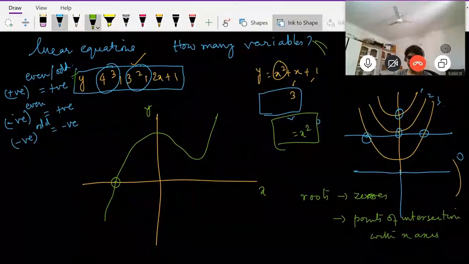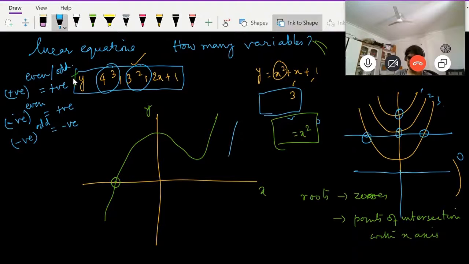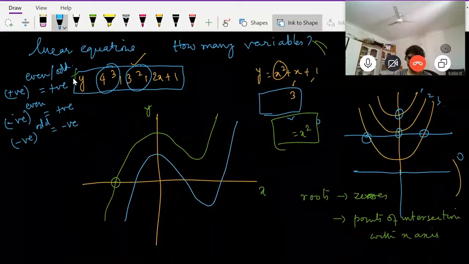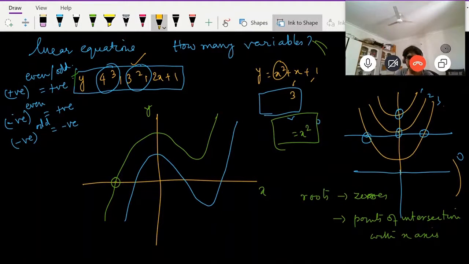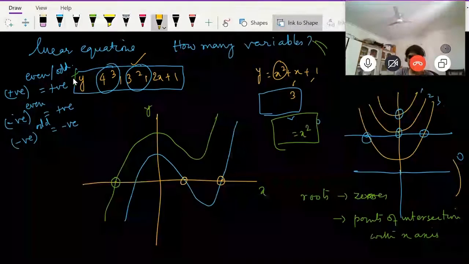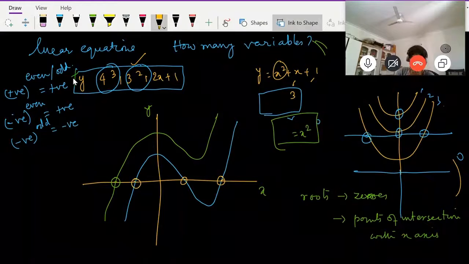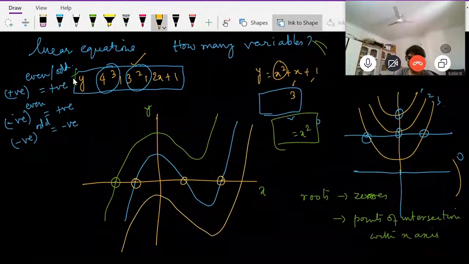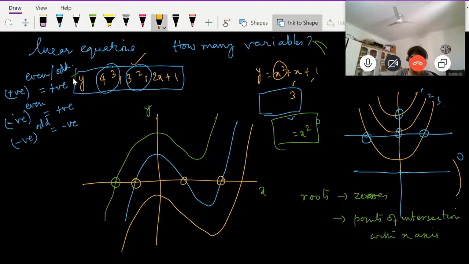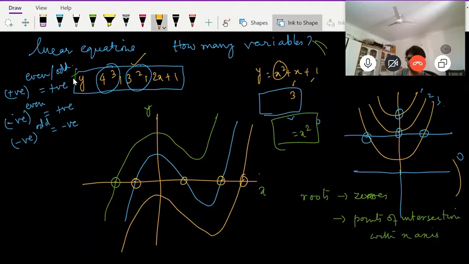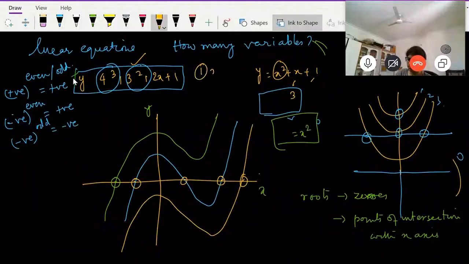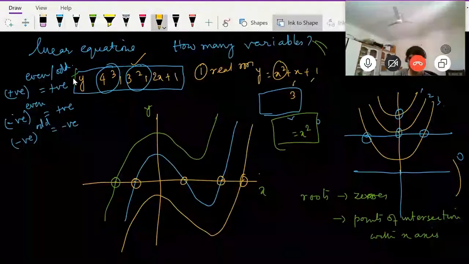Now, case 2, it does like this. How many roots? 3. Correct. 1, 2, 3. And case 3, it goes like this. How many roots? 1. So that means this can have either one real root or three real roots.